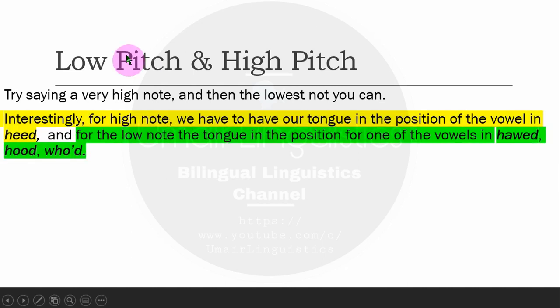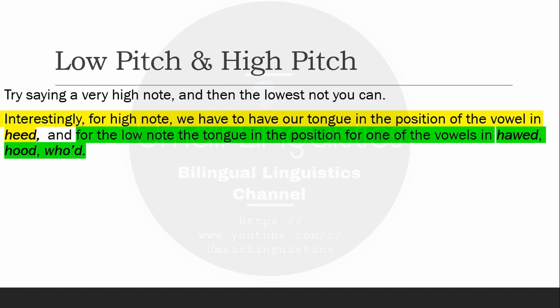So interestingly, for a high note, we have to have our tongue in the position of the vowel in heat. In heat we have the vowel E, which is the front high vowel. And when we want to produce a very high note, we have to keep our tongue in that position of E.